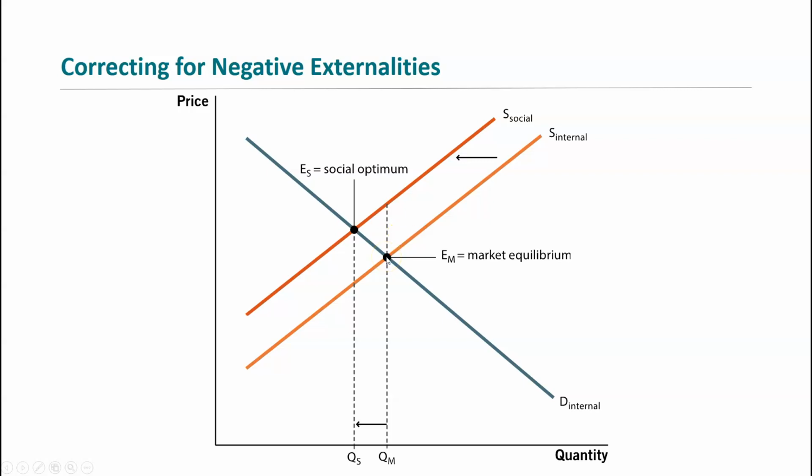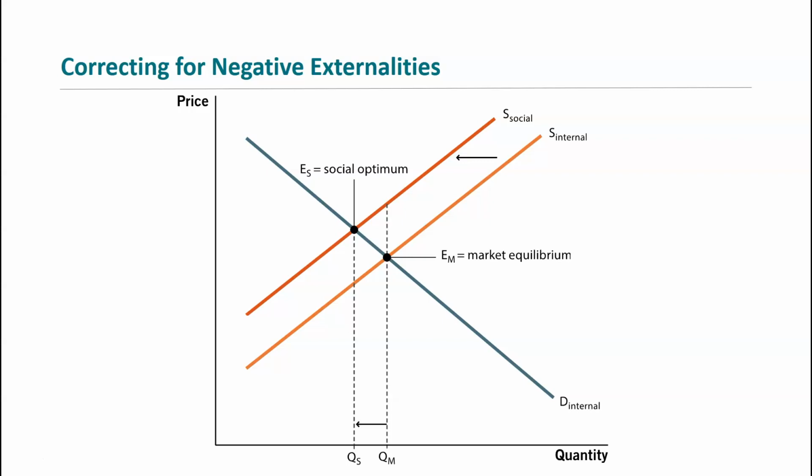And so if we don't consider social costs and we only consider costs to ourselves, internal costs and internal benefits of the market activity, then we'll be at this equilibrium, which is not socially optimal, which is not efficient.